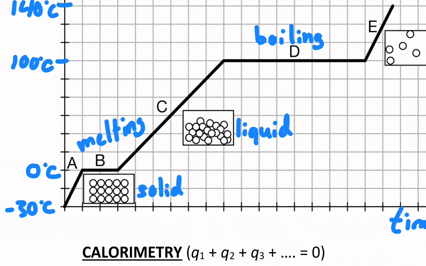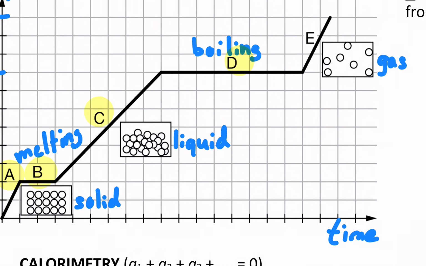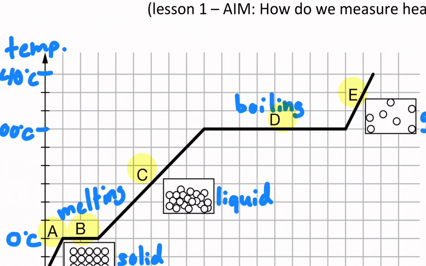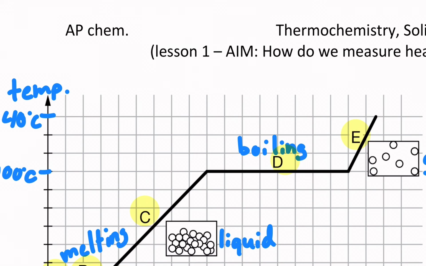So there's 5 different segments that we can talk about here: the heating of the ice, the melting of the ice, the heating of the liquid water, the boiling of the liquid water, and then the heating of the gaseous steam. And that breaks it down into 2 different types of physical changes.